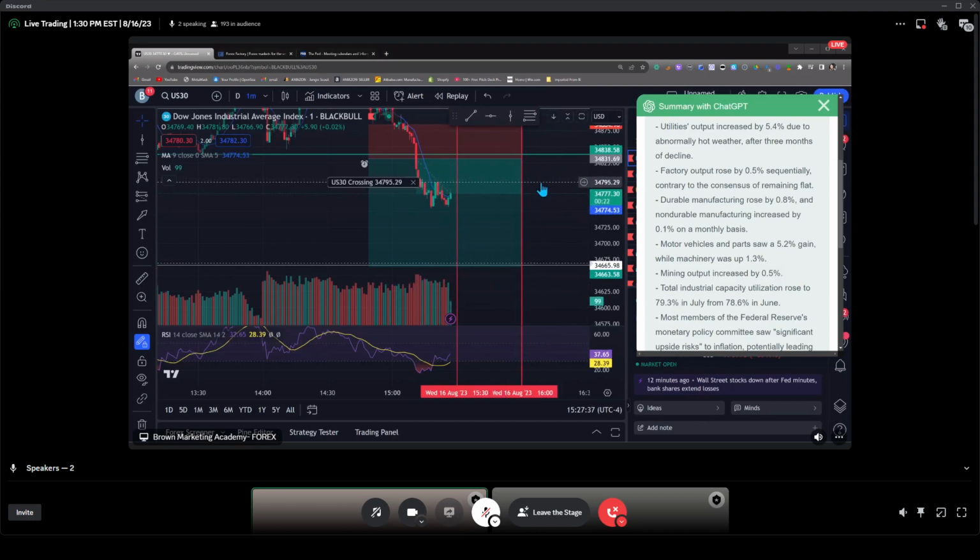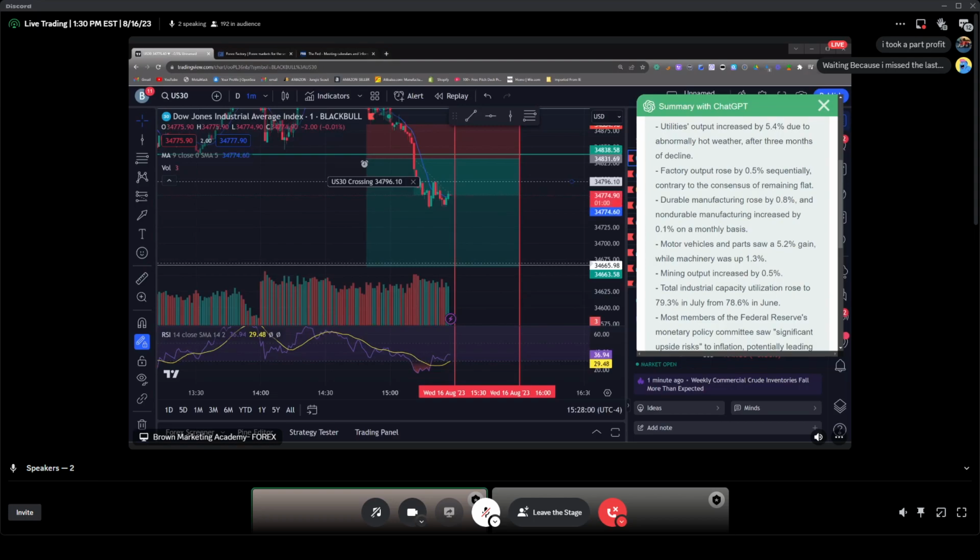If price goes above this area, I'll probably just close out. Or yeah, you could do that as well. You could take partial profits.